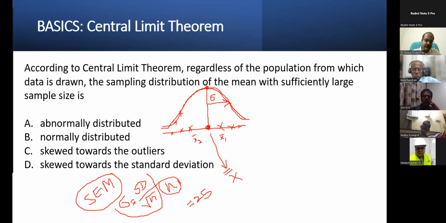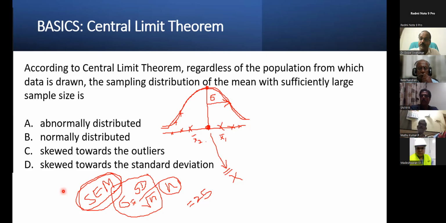So please go through the literature and try to understand this standard error of mean. Then only you will be able to understand the meaning of confidence limits, because you are calculating the confidence limit for the average value. Am I right? The center point is the average.